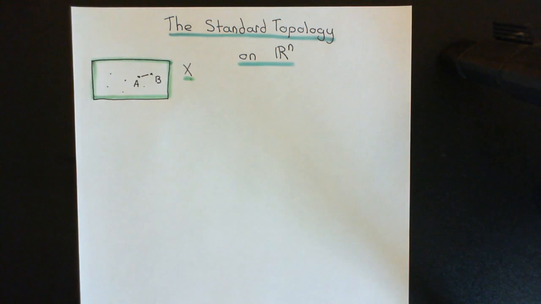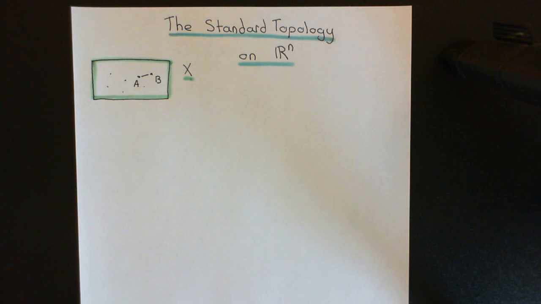So the informal intuition behind what you are doing with a topology is that you're drawing lines in between elements in the set to show which elements of the set are next to other elements of the set. If you draw a line in between two elements, you've shown that those two are next to each other. That's the informal intuition behind what we're trying to do: define a notion of what is next to what by drawing these lines.